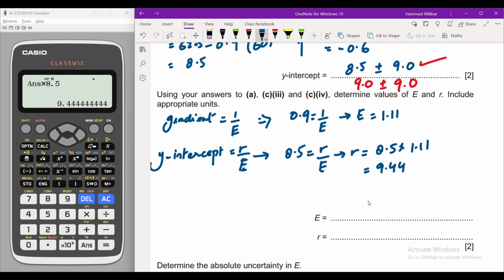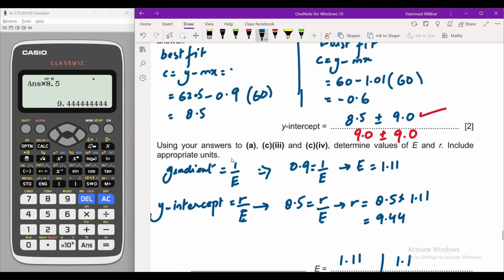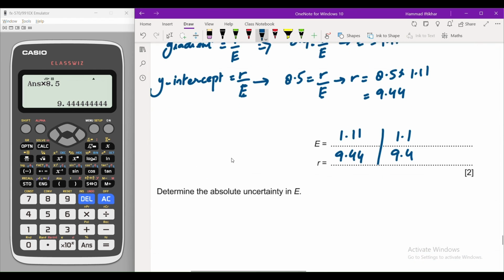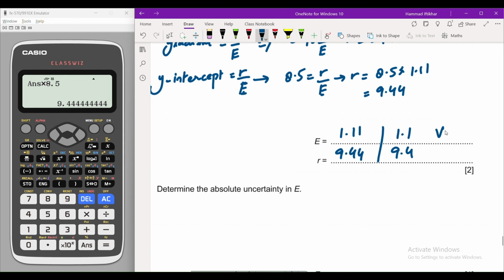So let's just keep it this way. You can write E as 1.11 and r as 9.44. It's up to you. Oh, the units. E was the EMF, so E is in volts, and r is in ohms.